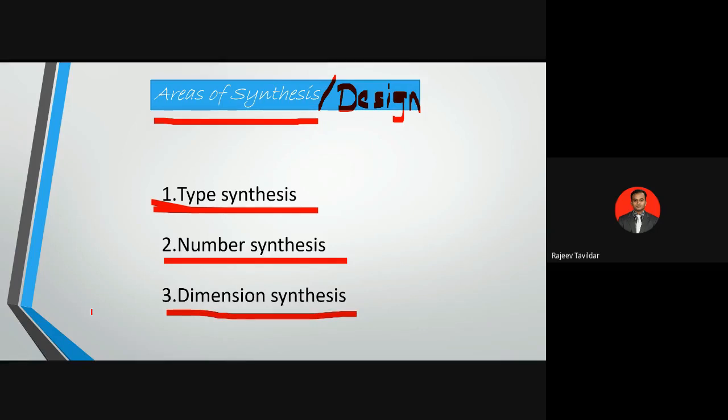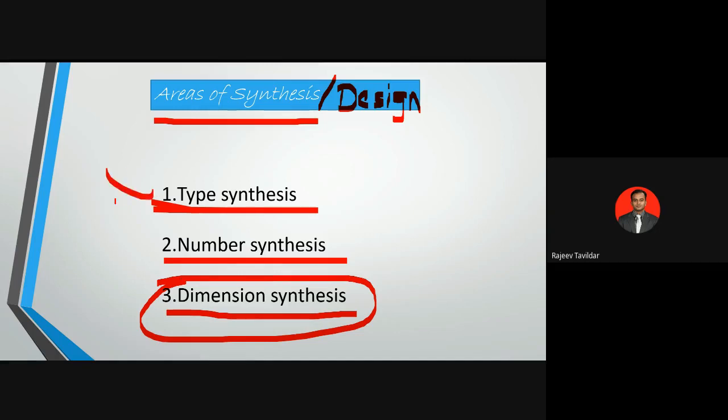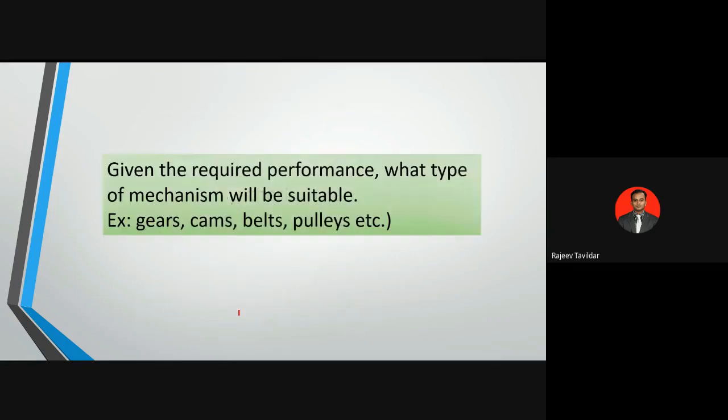There are only three categories, and in this subject, we are only focusing on dimension synthesis. But we still need to know what number synthesis and type synthesis are, though we'll be only focusing on this third part. So let us go through all these three things one by one.